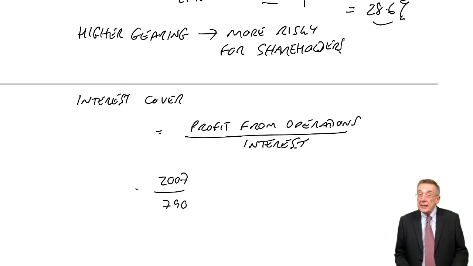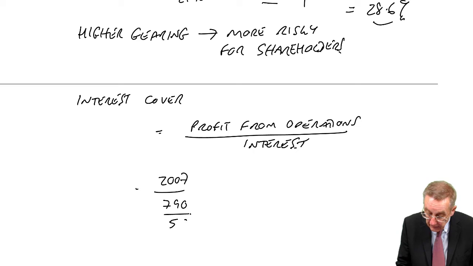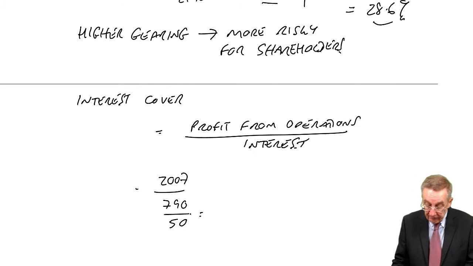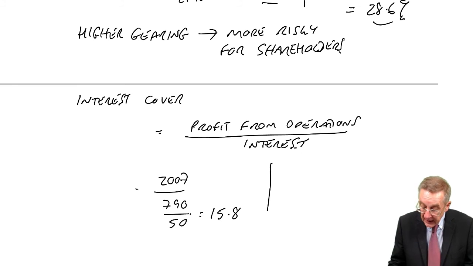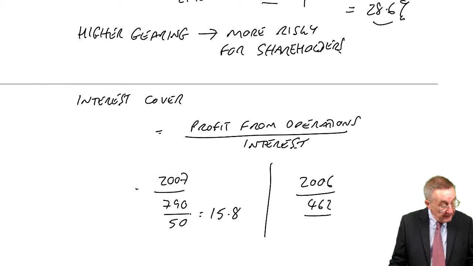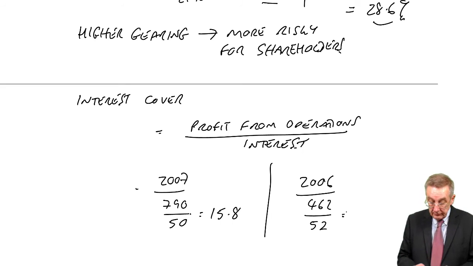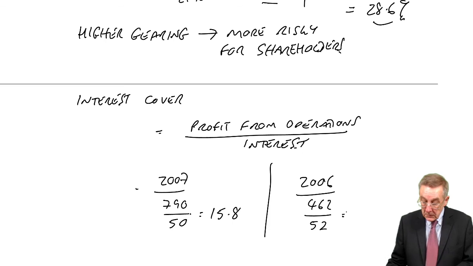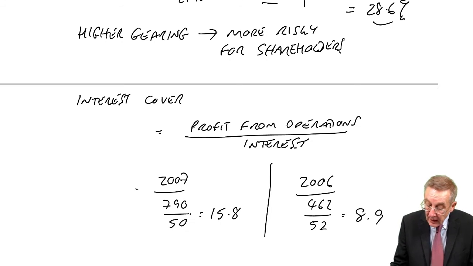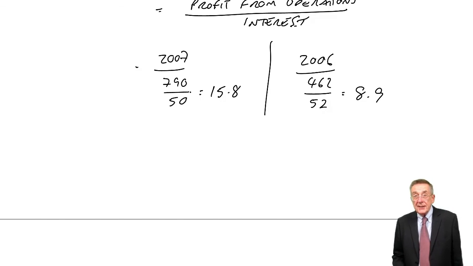The interest, I said earlier, finance charge costs as interest, was 50. And so it was 15.8. Whereas in 2006, profit was 462. The interest was 52. It was 8.9.